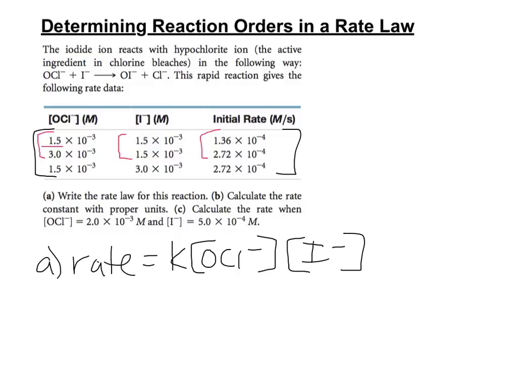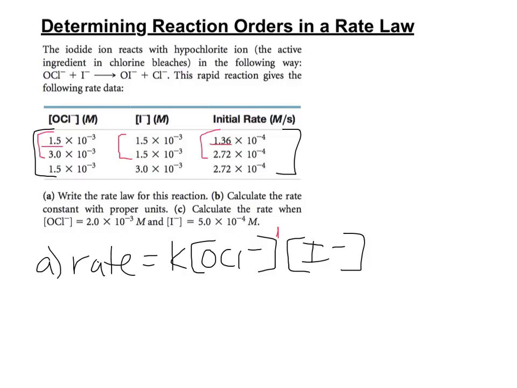And when the concentration doubles from 1.5 to 3, the rate also goes from 1.36 to 2.72. That's also a doubling. So that is a first order reaction for OCl minus, and the rate increase is directly proportional to the concentration increase.